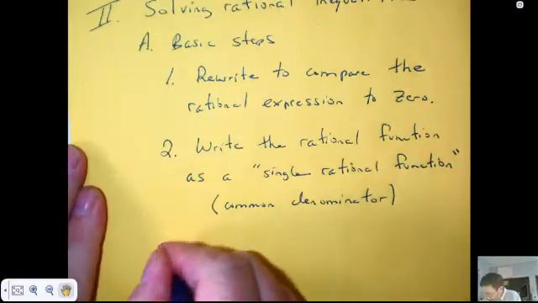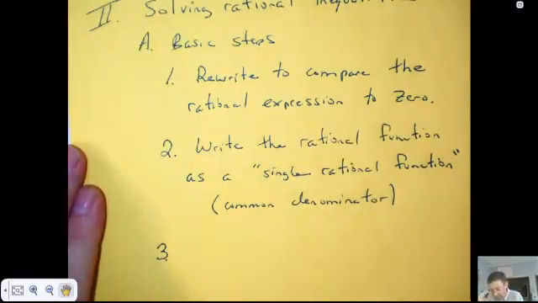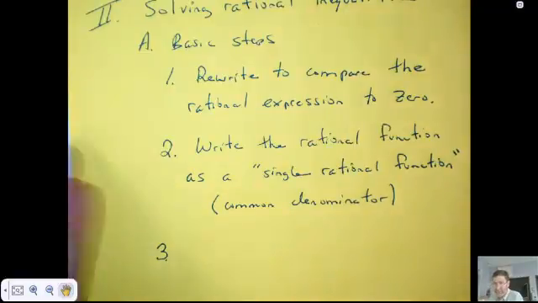Then you're going to find the values where both the top and bottom of your expression are equal to 0.